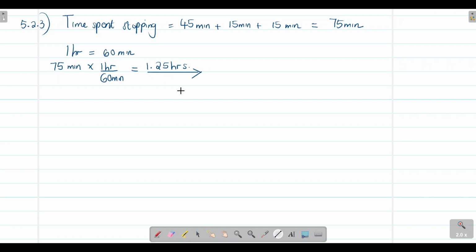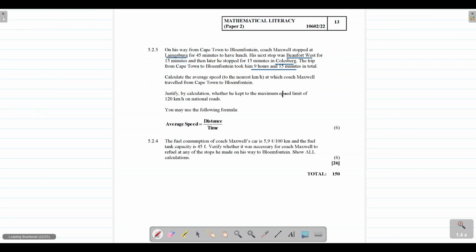Now we need to determine the total time that he spent on the road. To get the total time that he spent on the road, we are going to take the total time for his whole trip that was given to us of 9 hours and 15 minutes, and subtract the time that he spent stopping of 1.25 hours.